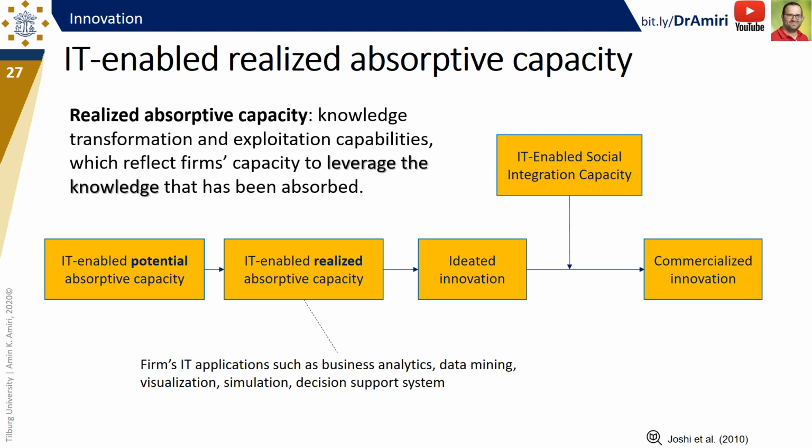So the idea is that if you can increase the number of applications such as business analytics, data mining, visualization, simulation, and decision support system, any types of applications that handle that data and turn data into knowledge and decisions, then these will improve the number of patents that is created in an organization.